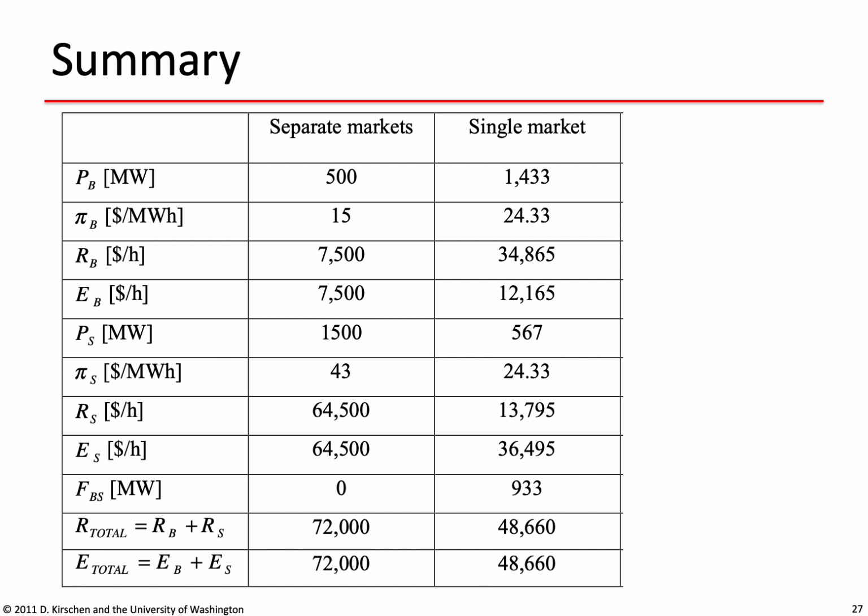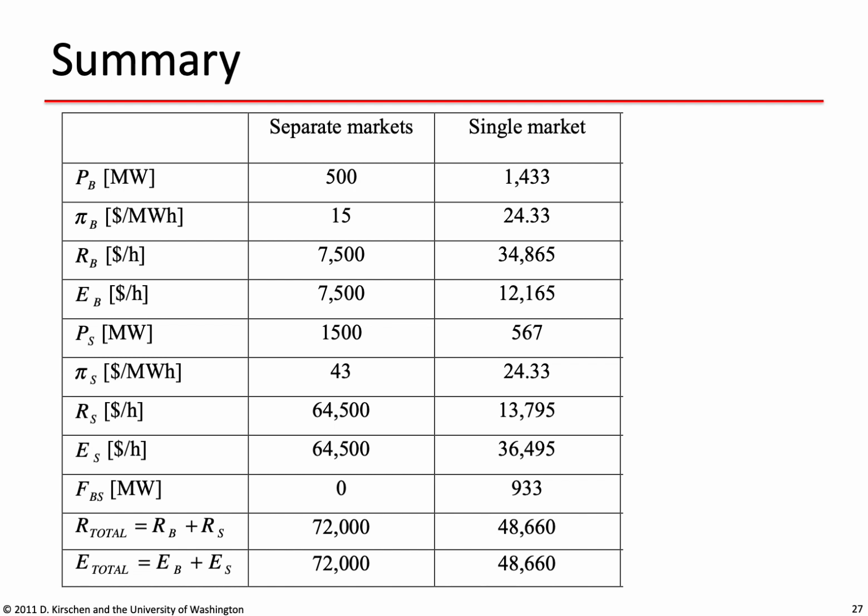In Syldavia, the Syldavian generators would produce 567 megawatts only. The price in Syldavia would be the price in Borduria, and would therefore be $24.33 per megawatt hour. The revenue of the Syldavian generators would be 13,795, which is the price, 24.33, times the production of the Syldavian generators, 567.